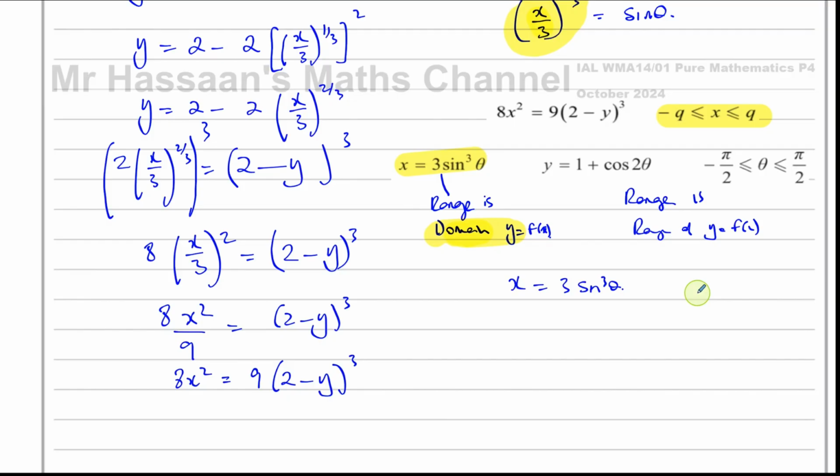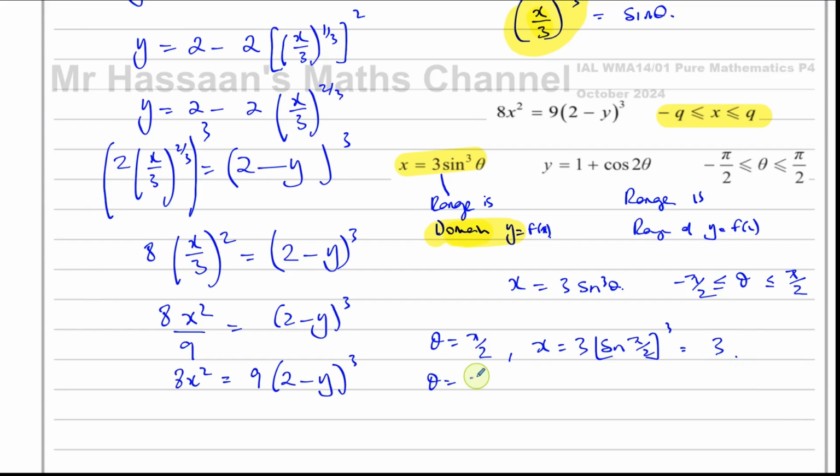Okay, we have theta can be between minus pi over 2 and pi over 2. So what will be the output with this domain? Okay, so we can see when theta equals pi over 2, x is going to be 3 times the sine of pi over 2 cubed, which is going to give us 3 times 1, which is 3.